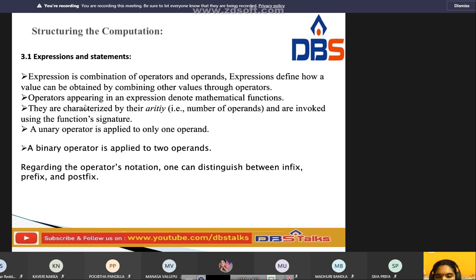In operators we have different types. First is the unary operator, second is the binary operator.